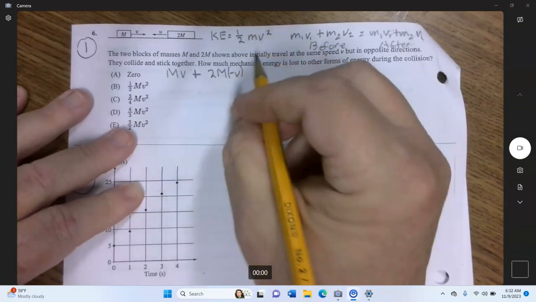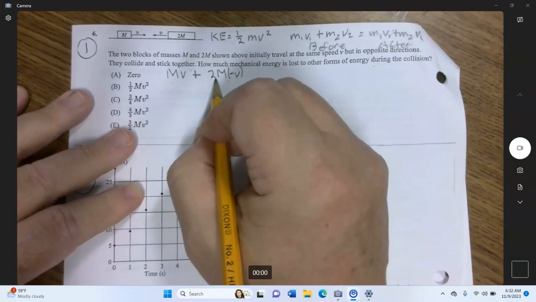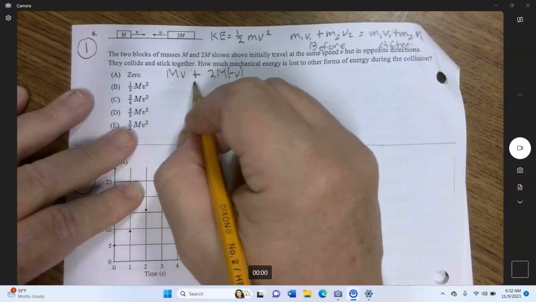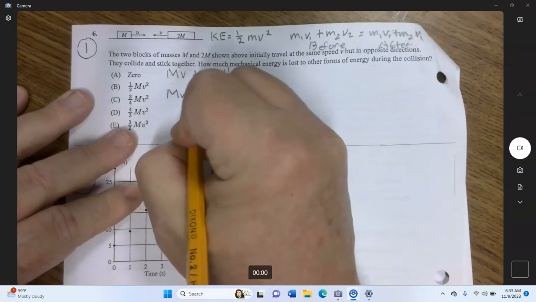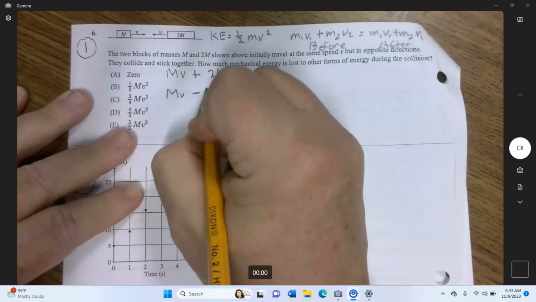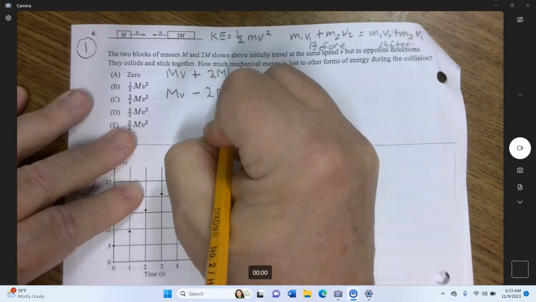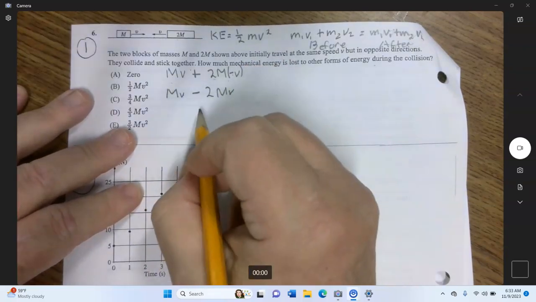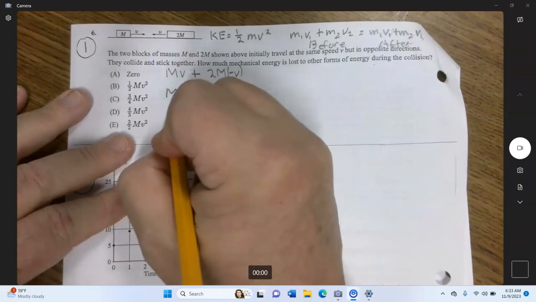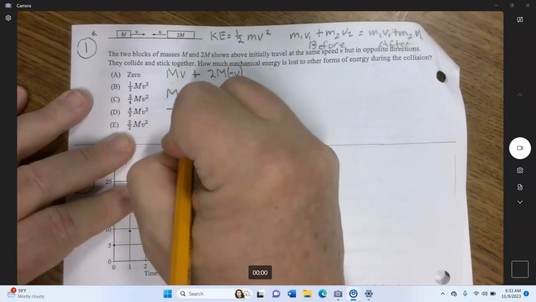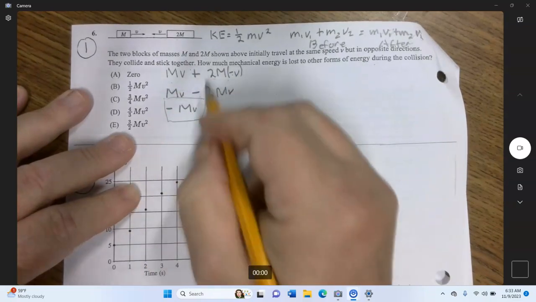Okay, and that's going to be the momentum of the two blocks together. So when you add those together, you get mv minus 2mv. If you do the math on that, 1 minus 2 is -1, so it's minus mv is the total momentum before the collision of the two blocks.